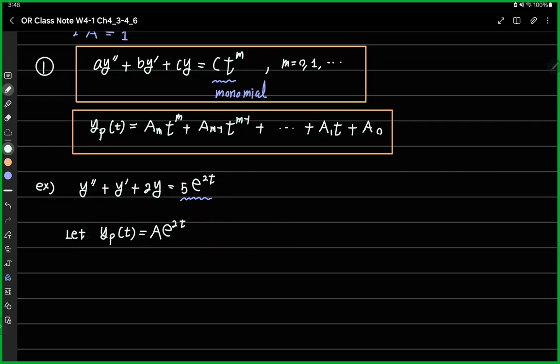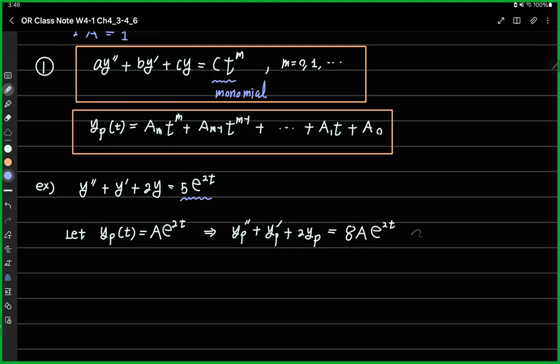Then using this, y_p double prime plus y_p prime plus 2 times y_p is, let me just skip the process in the middle right here, 8A times e to the 2t.